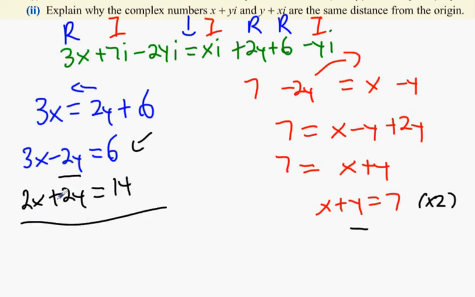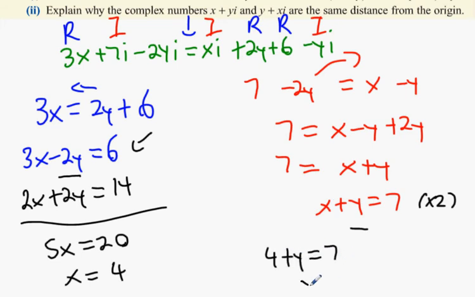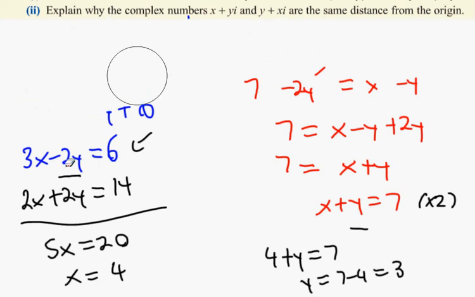The two y's will immediately cancel each other, giving me 5x equals 20. x equals 4. What's the y value then? 4 plus y equals 7. y therefore is 3. Now, after all that, we get x equals 4, y equals 3.